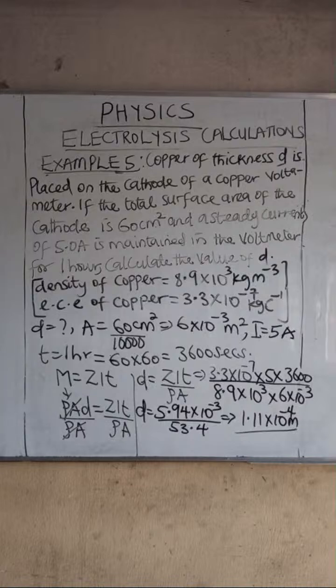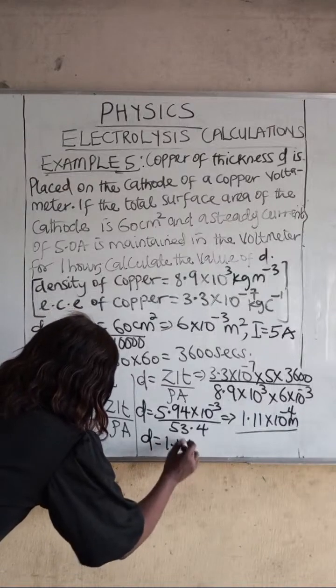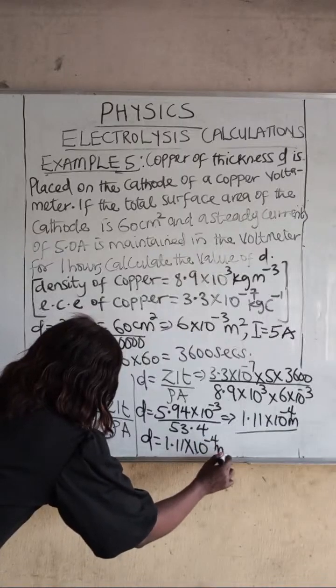Do we have questions? So my G is equal to 1.11 times 10 raised to the power of minus 4 meters.